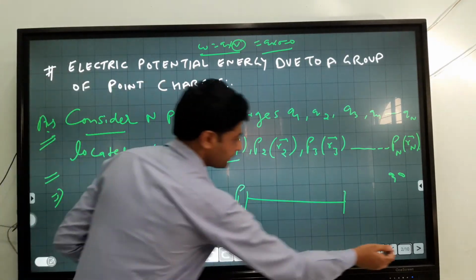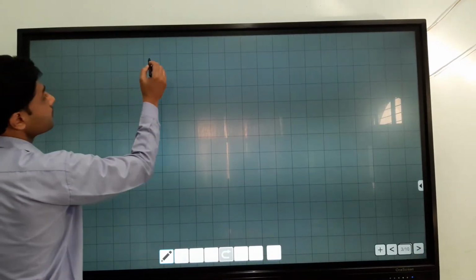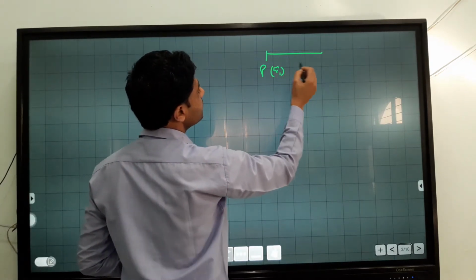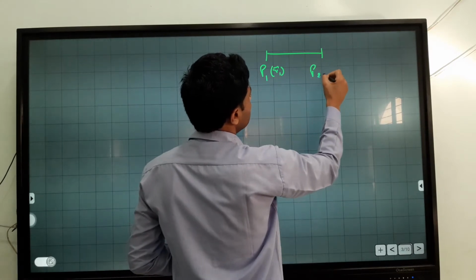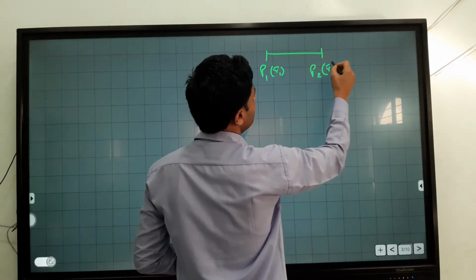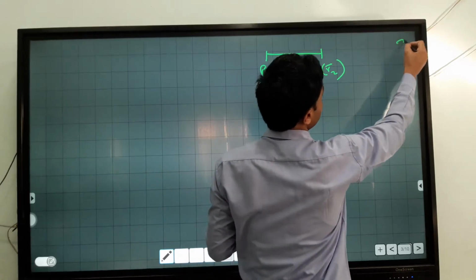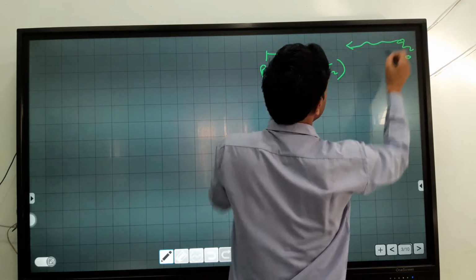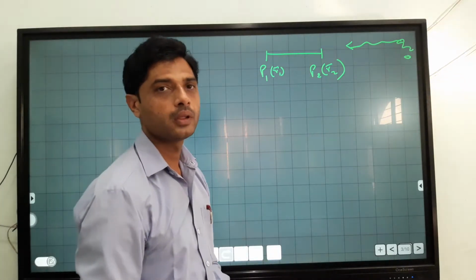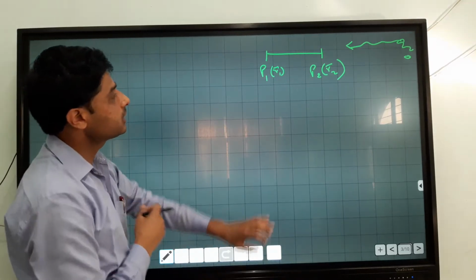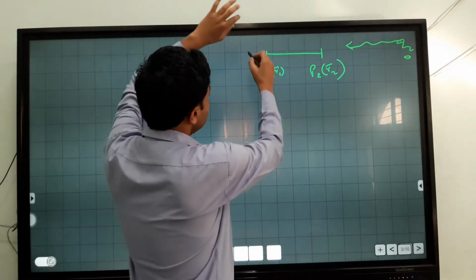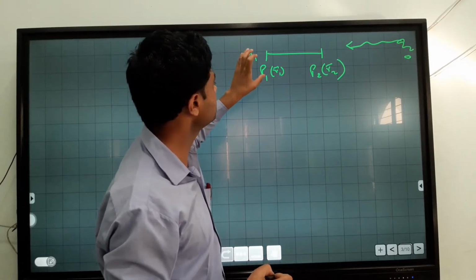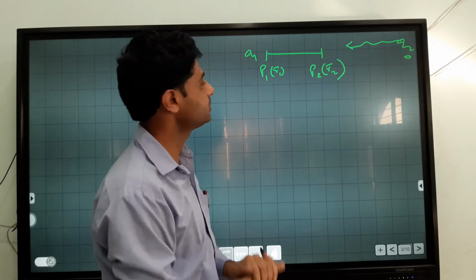Now, it is P1, position vector R1. Now we have to carry another charge Q2 from infinity to point P2. But in this case, there is the Q1 charge, and we have to do work against the electrostatic force applied by charge Q1.